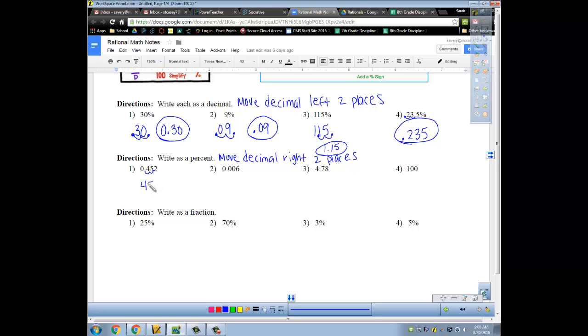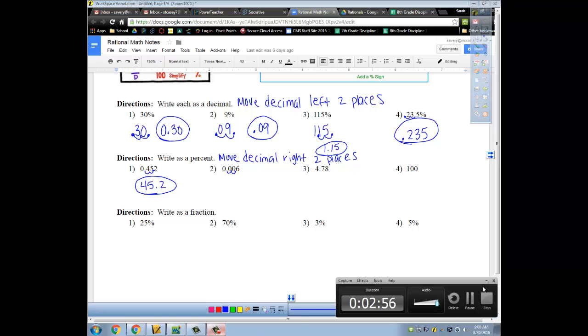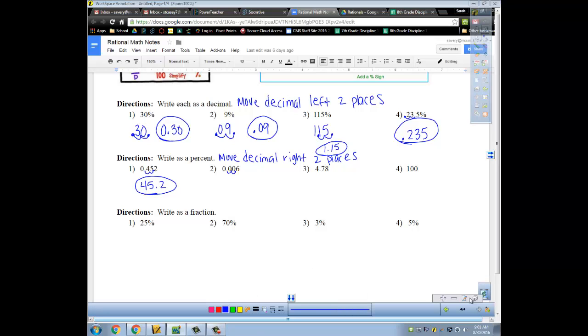So now it's 45.2. Number 2, move it right 2 places. Okay, so I'm left with 0.6, or you could have all those zeros out in front if you want. That is up to you.